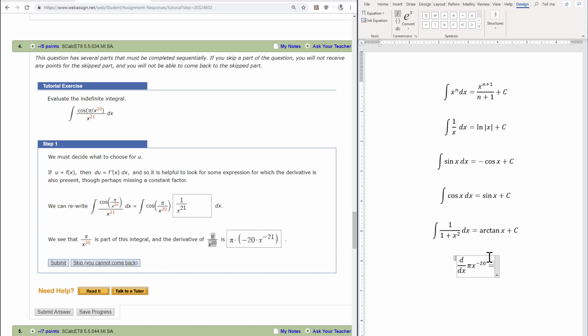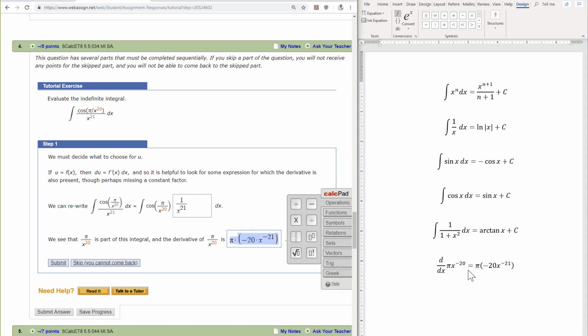The derivative of that is going to be pi out here, and then the power rule gives negative 20 times x to the negative 21, because we have to subtract 1 from the power. Alright, so let's rewrite this a little bit, make it look nicer.